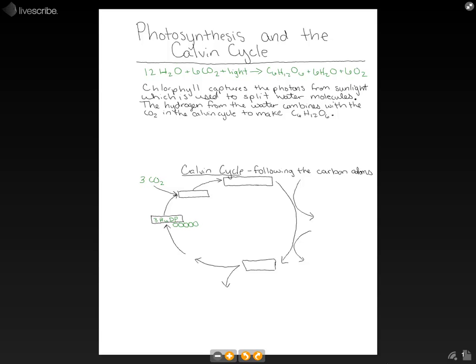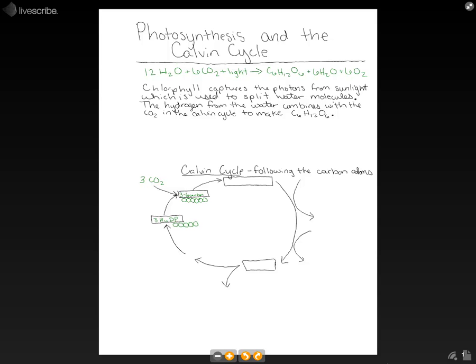So there's 5 of them there. Now when we add those 3 with the 3 CO2, we're going to get 3 6-carbon compounds. So we're going to have 6 carbons here. And we have 3 of those.